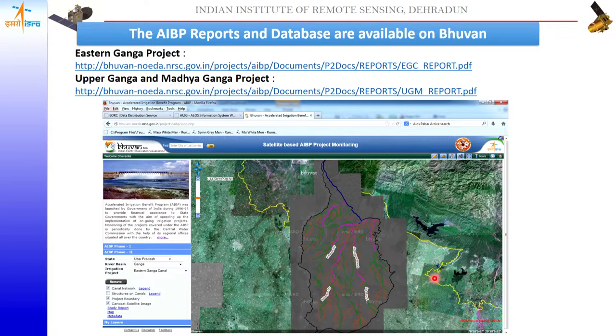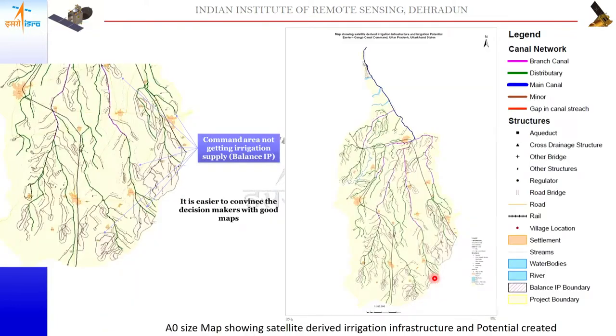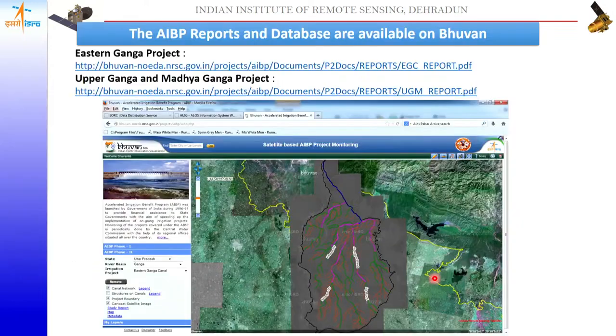Various analytics can be done, for example, if you want to know what are the areas in your network where you have the crossing of the road, or what is the number of branches. So all these analytics can be done very easily once you have this GIS database.